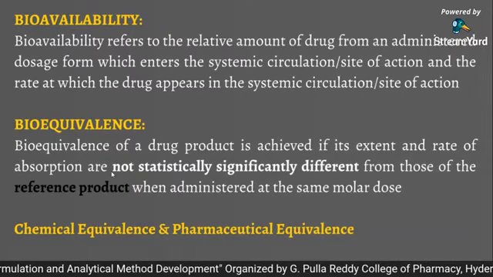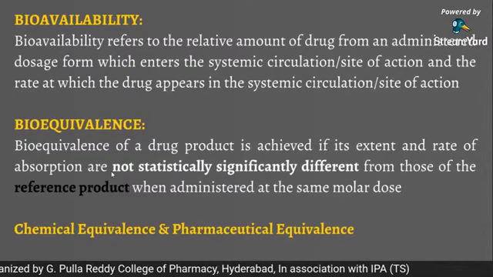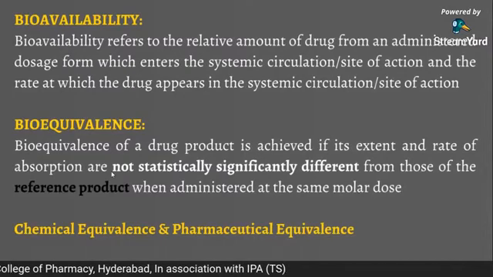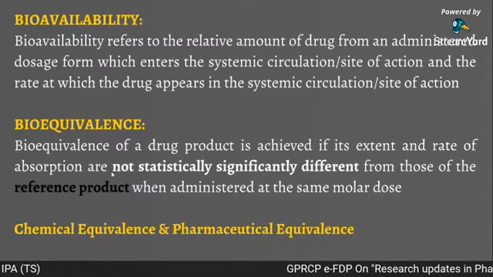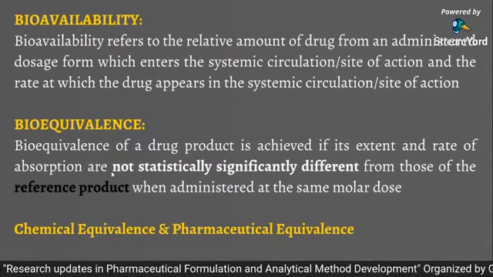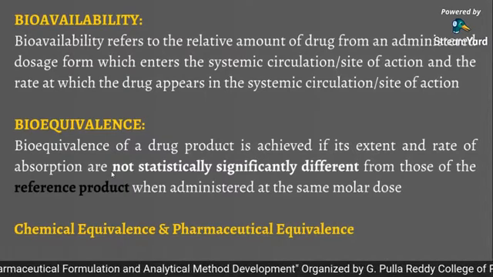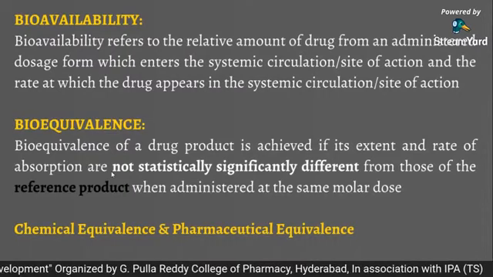If the innovator formulation is a tablet, your formulation should also be a tablet. If it is a capsule, yours should also be a capsule. And if the innovator formulation is administered orally, yours should also be administered orally. That means the same dosage form, administered through the same route of administration.